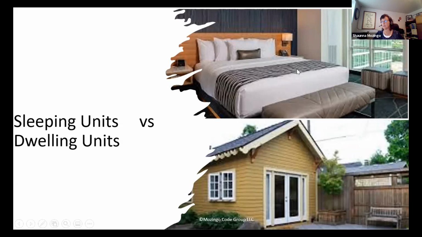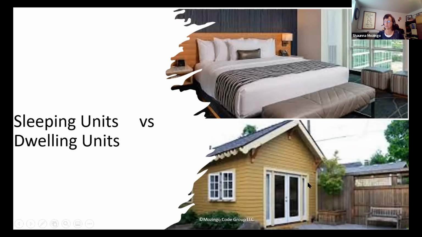A sleeping unit might be a hotel room. It might be a hospital room. A sleeping unit is defined as a room or space in which people sleep that can include permanent provisions for living, eating, and either sanitation or kitchen facilities, but not both. Such rooms and spaces that are part of a dwelling unit are not sleeping units.